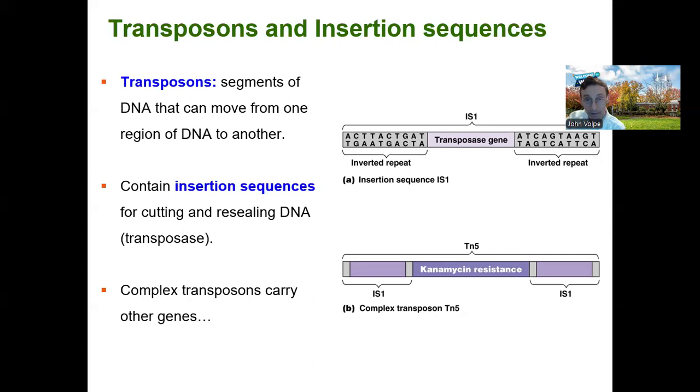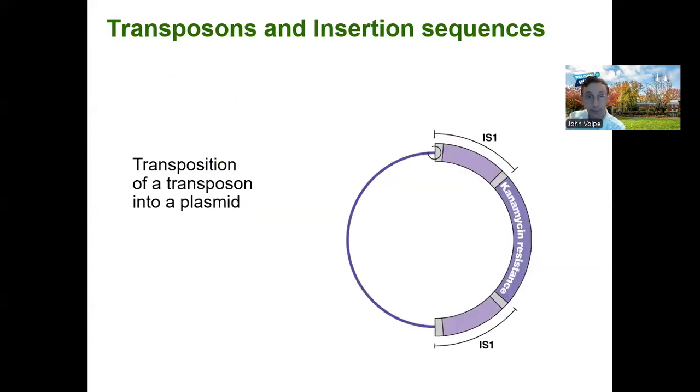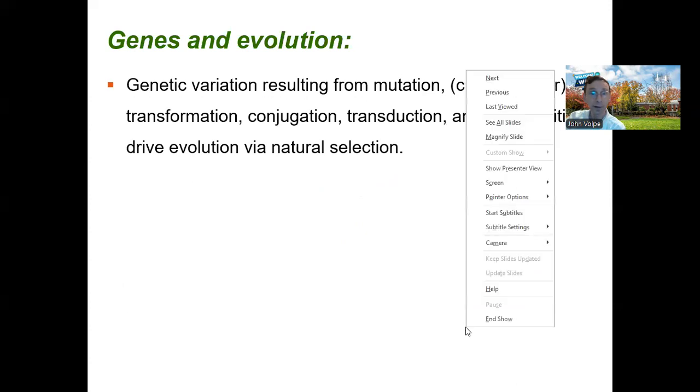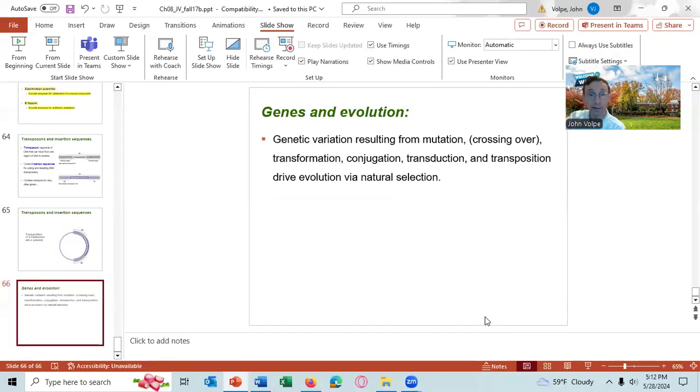So the kanamycin resistance gene will then be more likely to be shared among other cells in the population. Any question about any of that? Here's a transposon which actually moved from the chromosome to a plasmid. All right, any question about transposons?